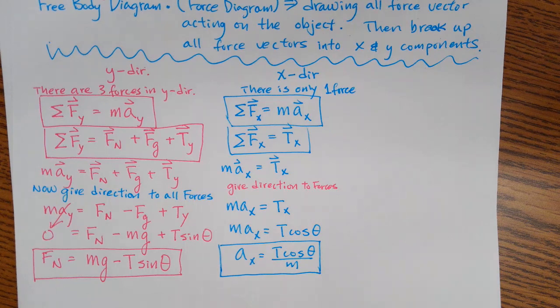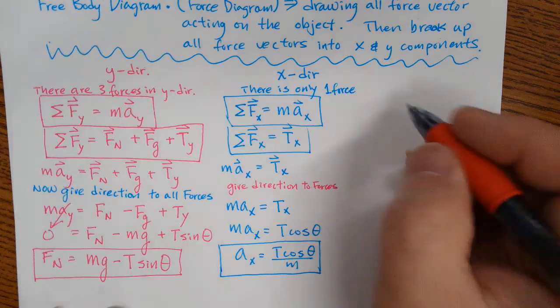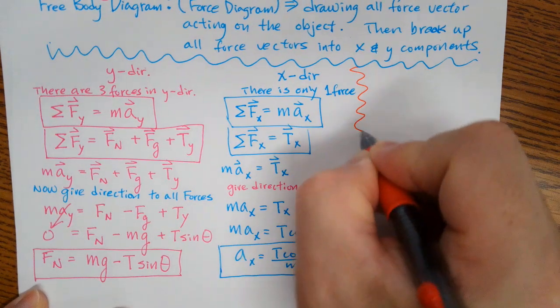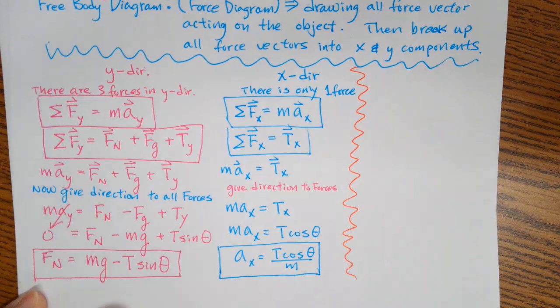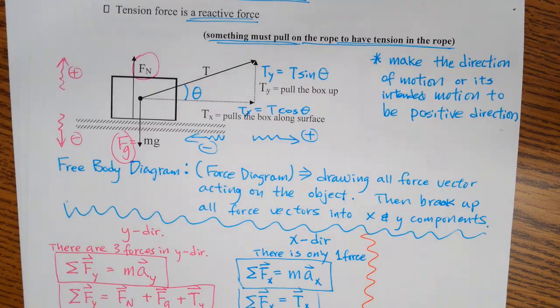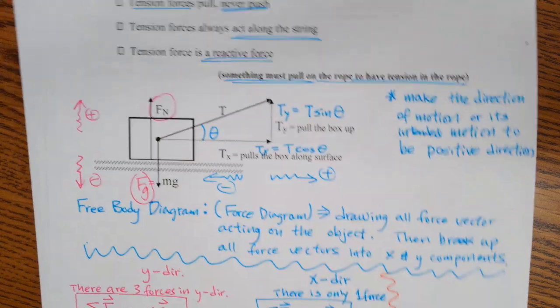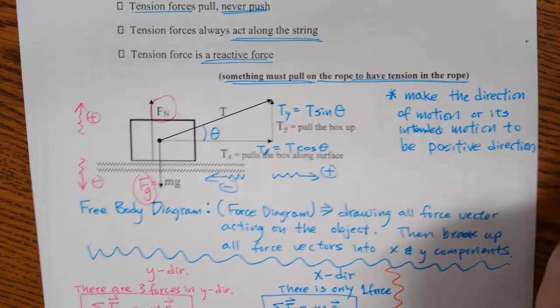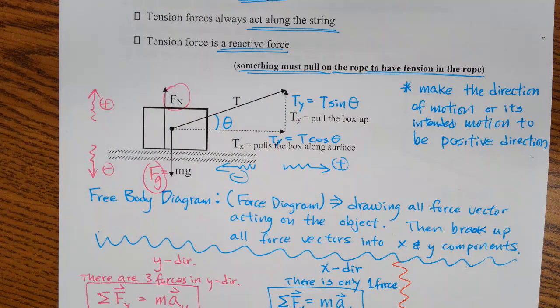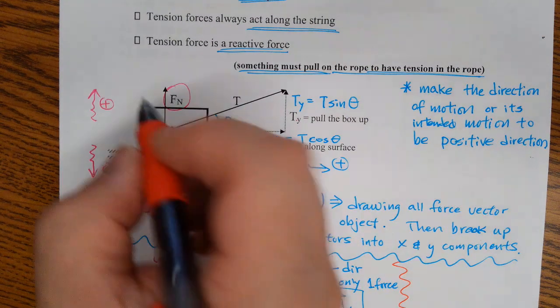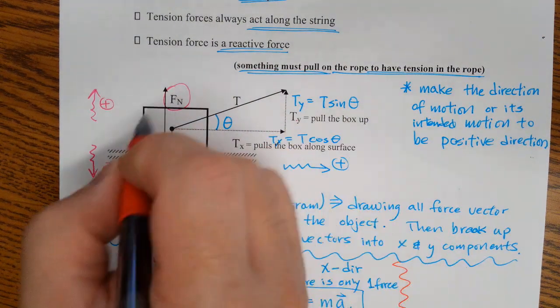All right. Well, let's extend on this. What if there were friction? Which way would the friction go? Which way would friction point? John? To the left.